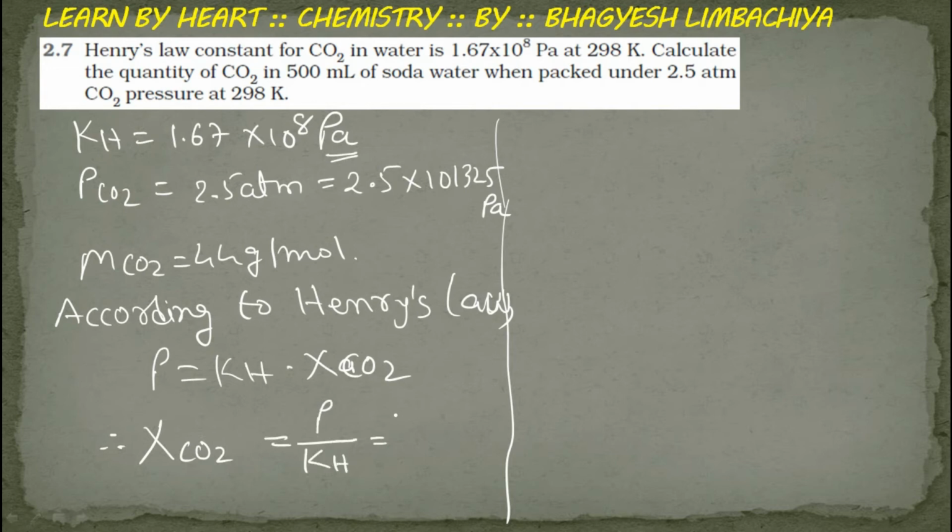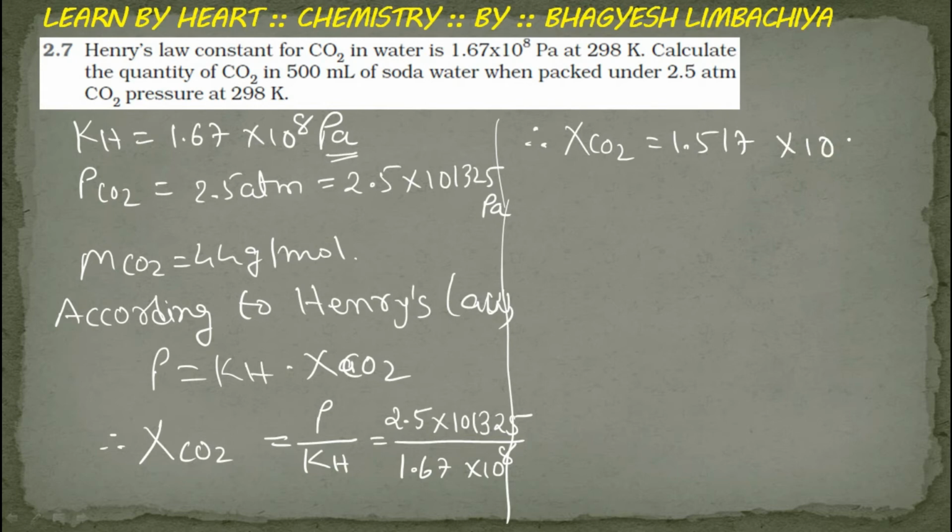Pressure is 2.5 atmosphere upon KH 1.67 into 10 raised to 8. So the mole fraction is 1.517 multiplied by 10 raised to minus 3, and it has no unit because mole fraction is unitless.